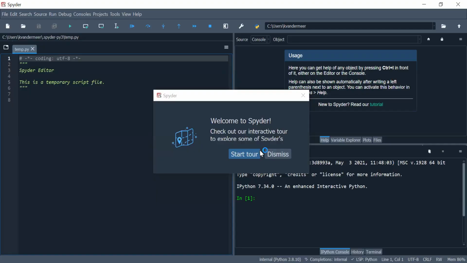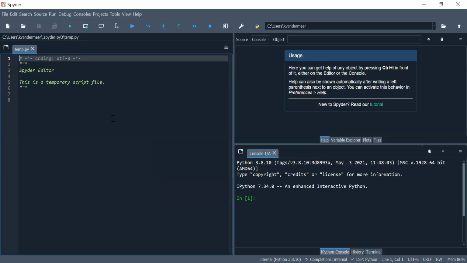I'm going to change my screen share. Can you see Spyder now? Yes. I haven't used this in a while, but sorry, I was about to ask a question. How do you zoom the elements in Spyder and make them larger?